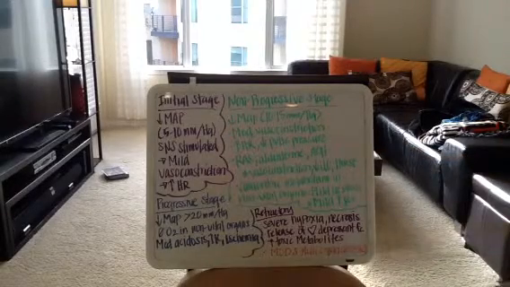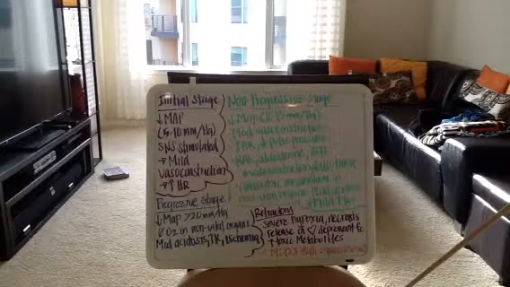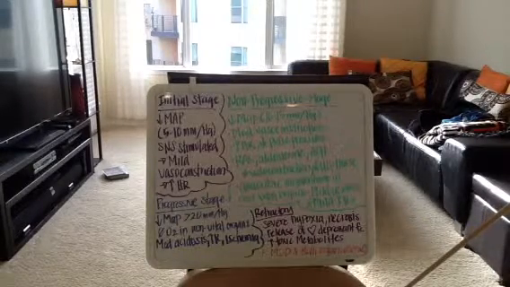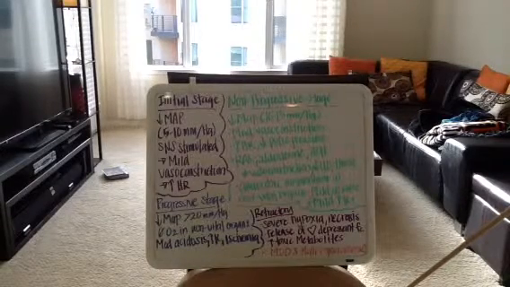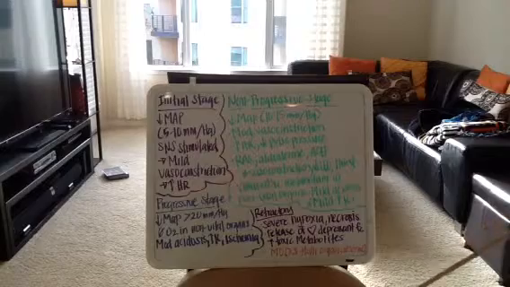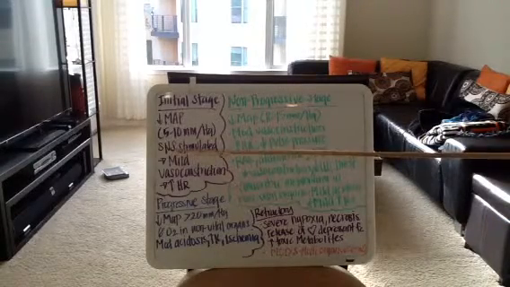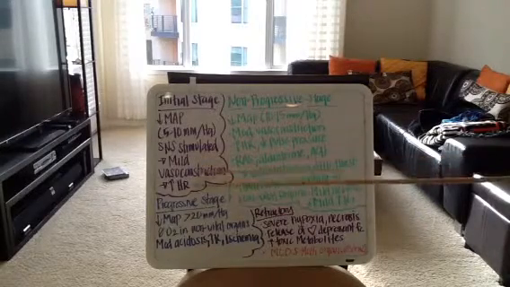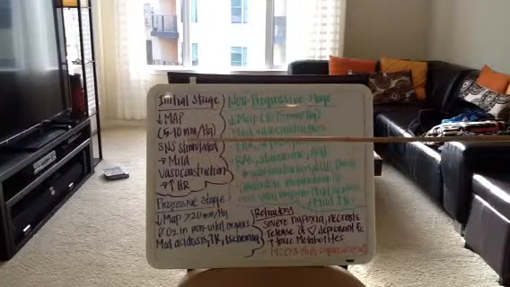Your heart's going to beat faster. Immediately we see that early on is that increase in heart rate, and your body's able to compensate for this, and you're still getting your organs perfused. And then the sympathetic nervous system is stimulated, and you'll have a mild vasoconstriction as well.